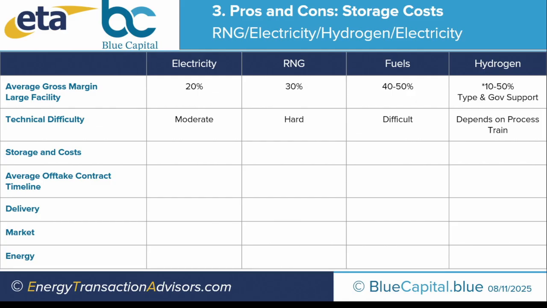And how easy is it to store these products? And it's the same kind of rating: moderate, hard, difficult. And the cost is money signs. How many money signs do you think it takes? Any thoughts on this one? What are we going to tell our client?